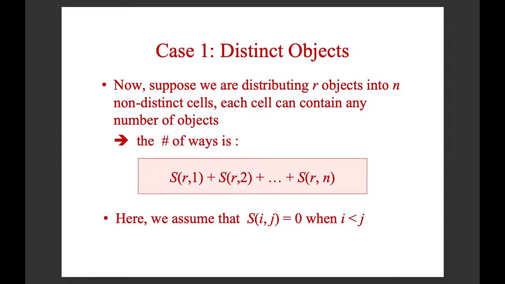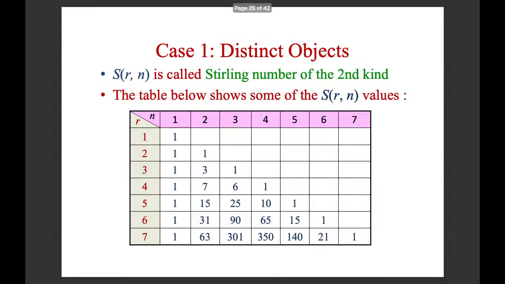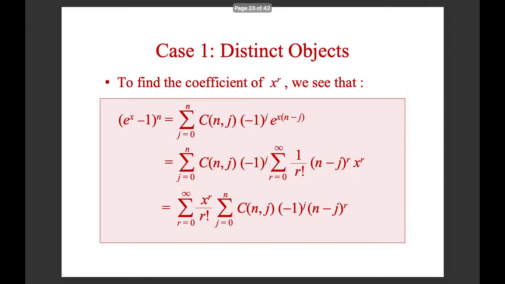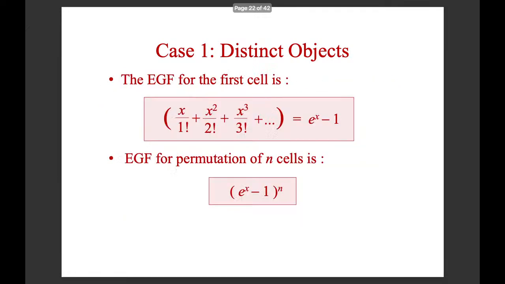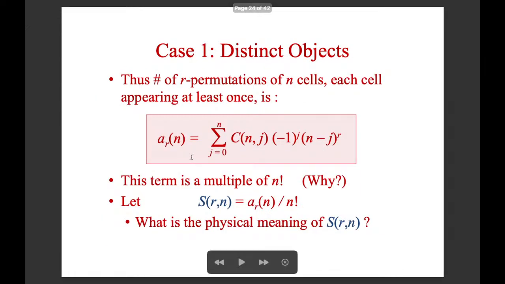And notice that we cannot do something like this as before. Here, what we were doing is we assumed that we were counting the cases when the cells are distinct. Once we have counted the number of ways with distinct cells, each containing one item, we divide the value by n factorial.